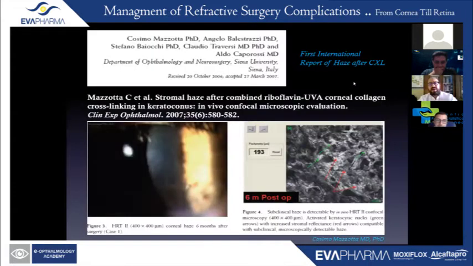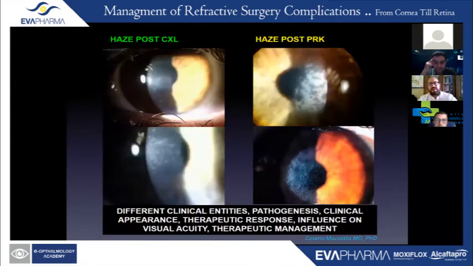This was the first international report. I published the first international report of AIDS after cross-linking in the journal Clinical and Experimental Ophthalmology. It was concerned with the presence of corneal scarring and with the Vogt striae that were most evident in this patient. What I want to say is that we have a completely different clinical appearance.